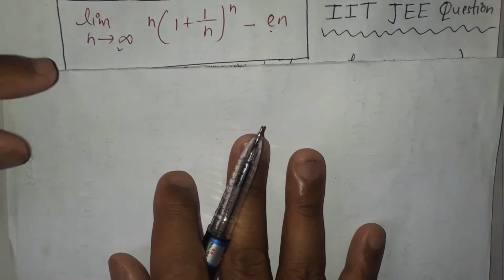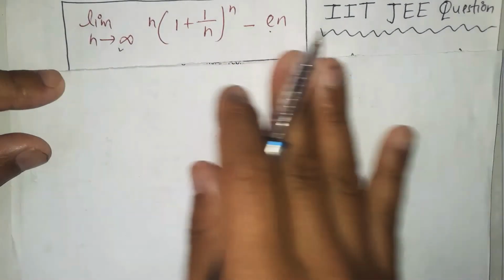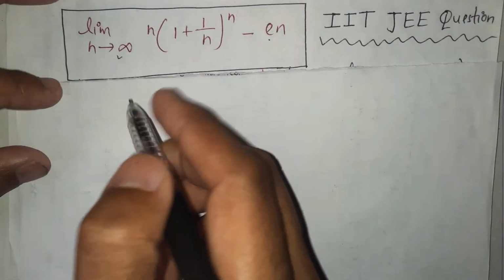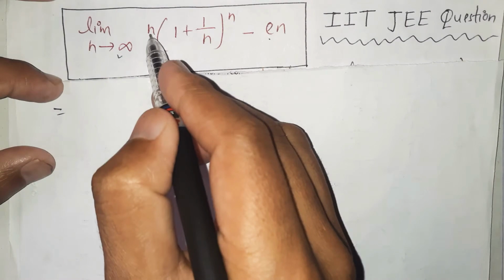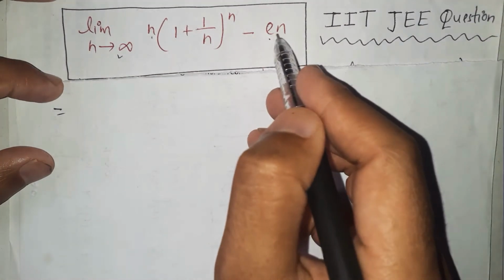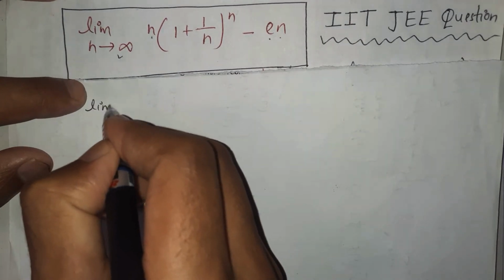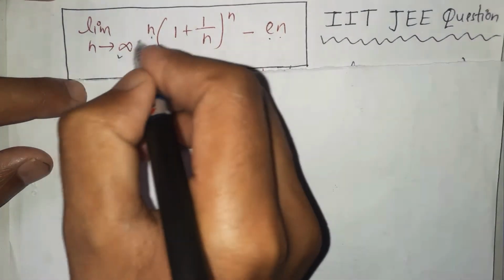Here is our target question, the limit of this function. The first step: there is n in the first term and n in the second term also, so taking n as common, limit as n approaches infinity.